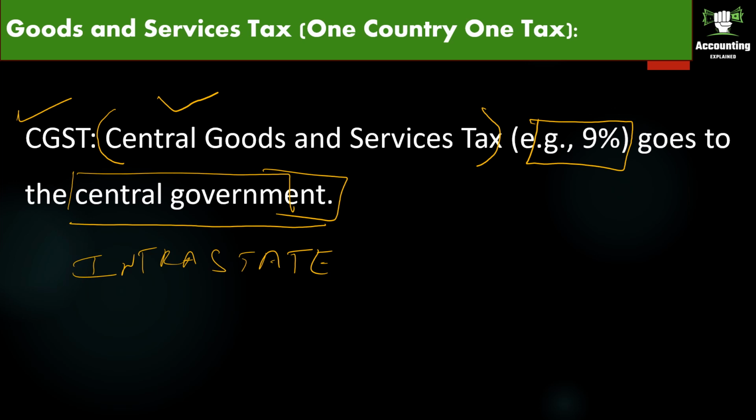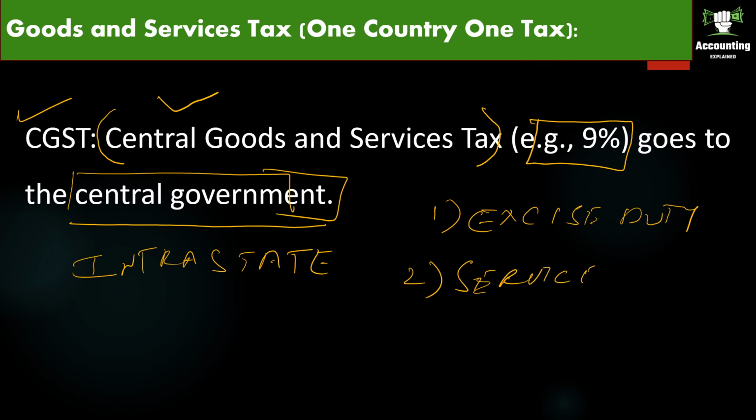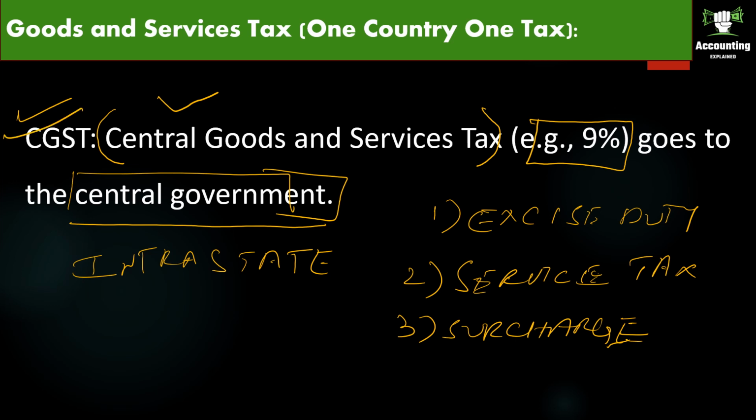Examples of taxes covered under CGST are, first, excise duty; second, service tax; and surcharge, etc. These are all the taxes covered by CGST, levied by the central government on intrastate goods and services supplies.